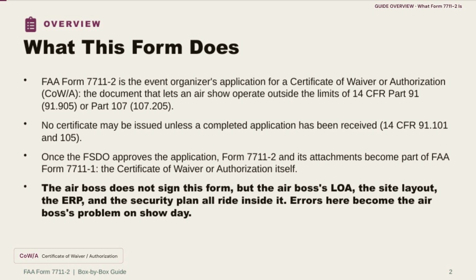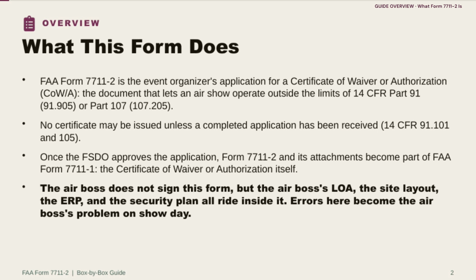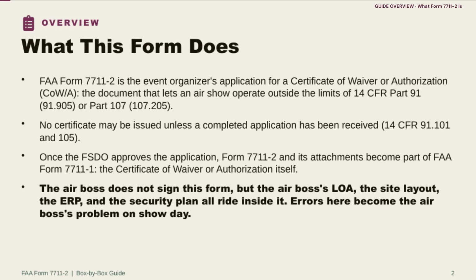FAA Form 7711-2 is the event organizer's application for a Certificate of Waiver or Authorization, commonly shortened to COW or COA. This is the document that lets an airshow operate outside the limits set by 14 CFR Part 91, specifically 91.905, or Part 107.205 for small UAS operations.